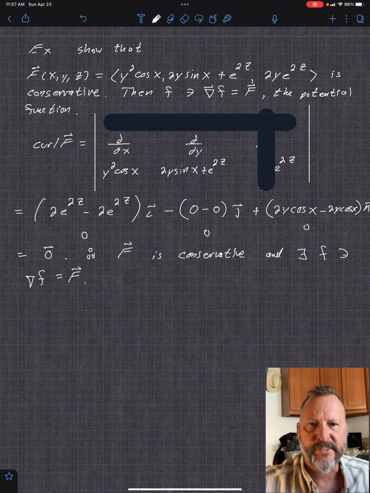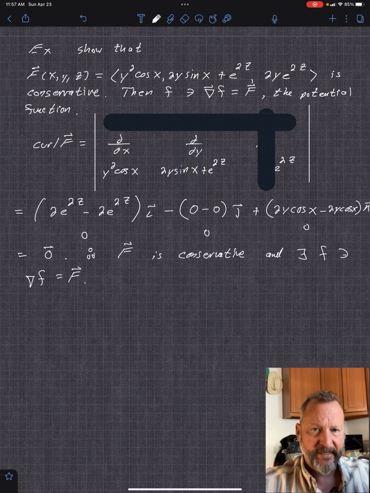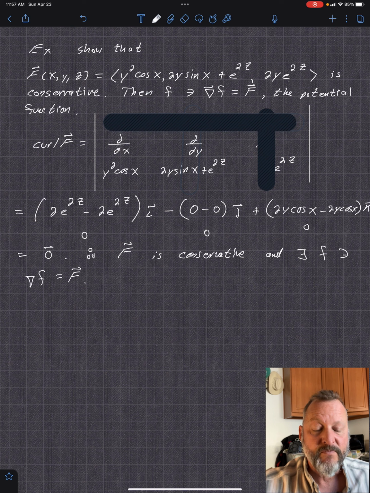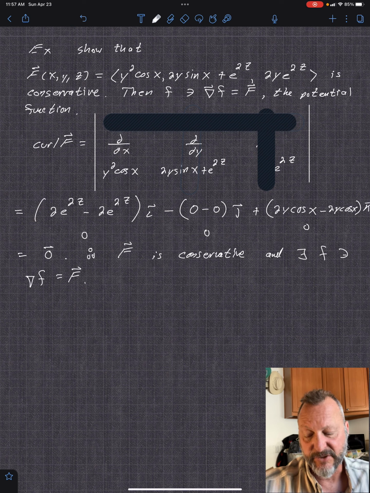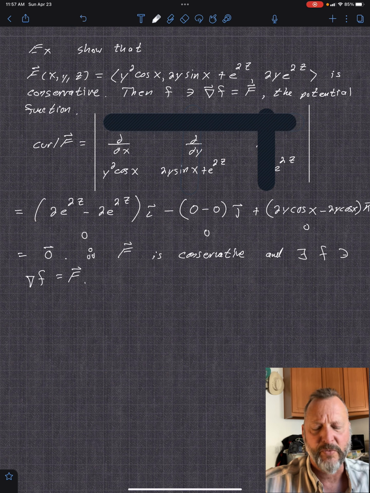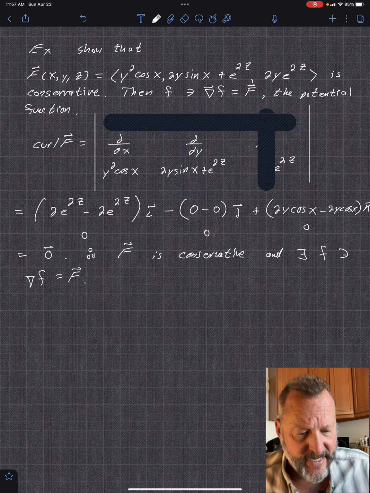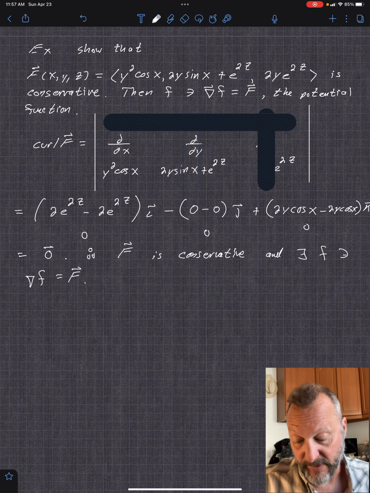One of the few instances that I do that, and I believe it works much better. So you basically do the antiderivatives of each, and then you just compare, and you say, well, it has to be these functions. And it's none of this, do the partial, then a derivative, and then there's a whole weird process that the book does, and I don't think it's a very good one, frankly.